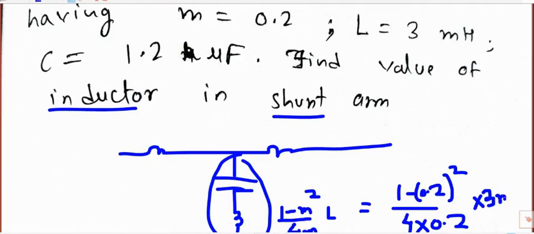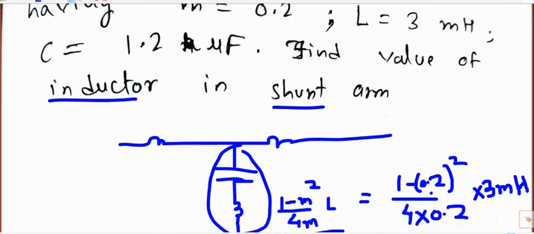Just use the calculator. I will ask you what is the answer for this question.